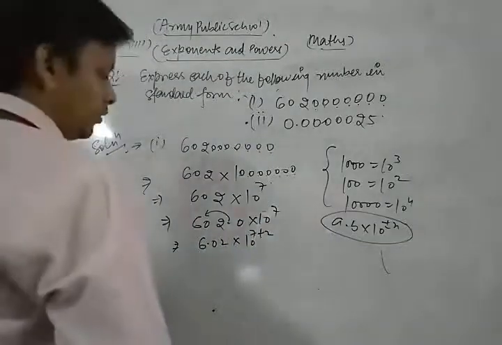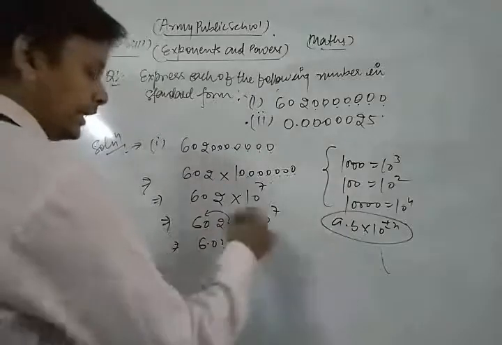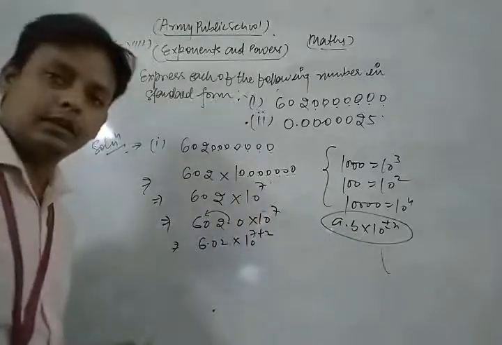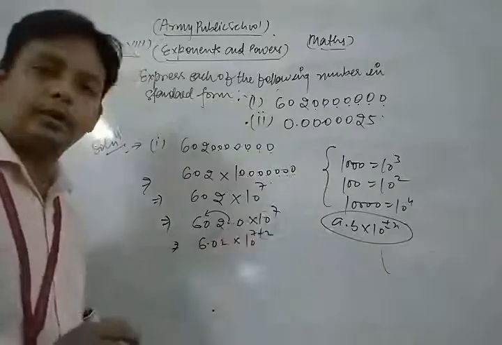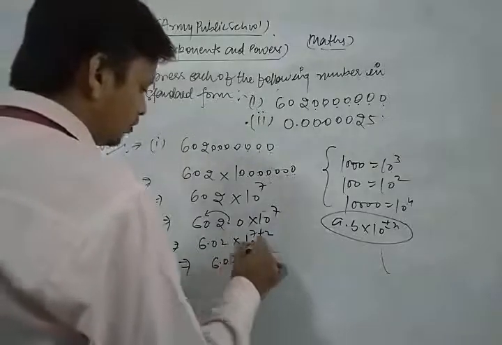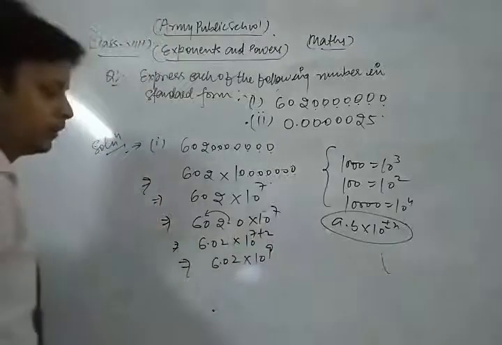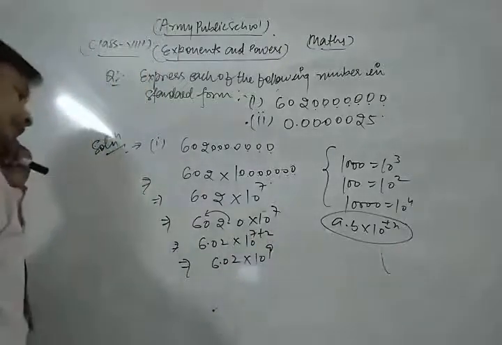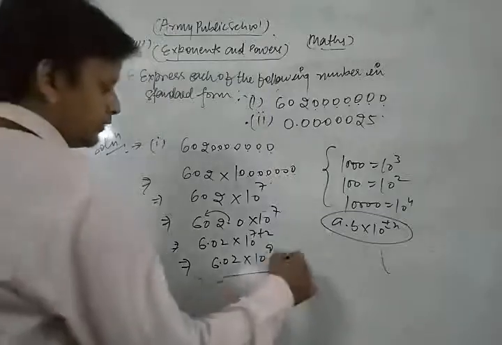If we go through the right side, then we subtract the number of places from the power of 10. So we get 6.02 into 10 to the power 9. So this is the standard form of the given number.